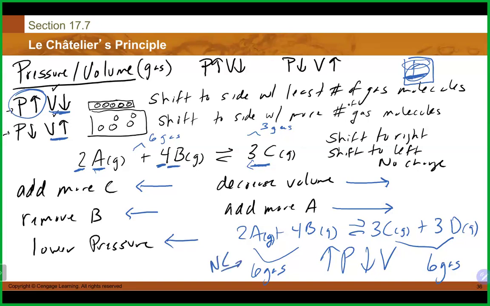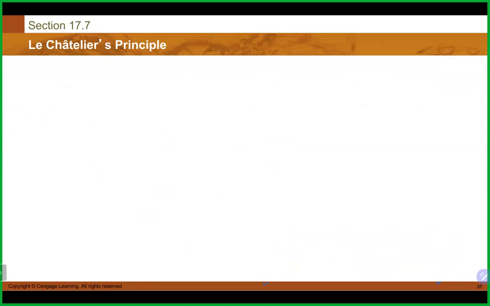All right, so we talked about pressure and volume. We talked about concentration. The next thing we're going to talk about in terms of Le Chatelier's principle that can affect the equilibrium is temperature. Temperature is a big factor that can determine what happens.